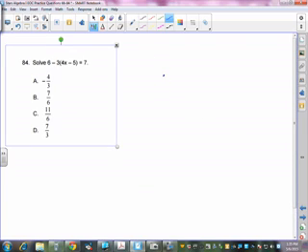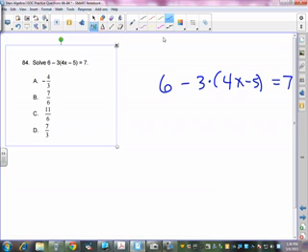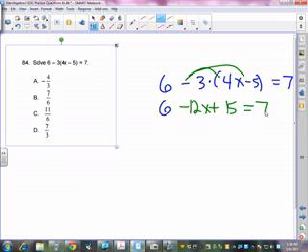Okay, we're solving this equation. Some folks want to do 6 minus 3 first, but remember there is a multiply there, and order of operations says we multiply before we add and subtract. So that's going to give you negative 12x plus 15 equal to 7. 6 plus 15 is 21.